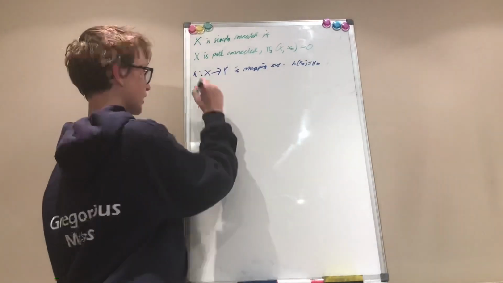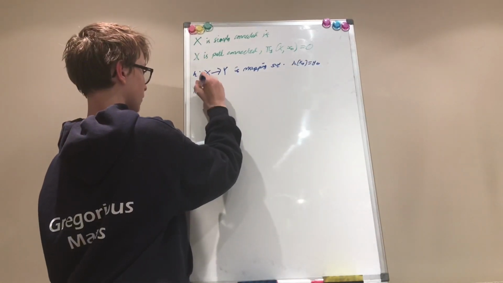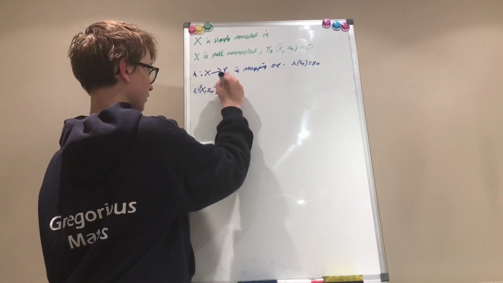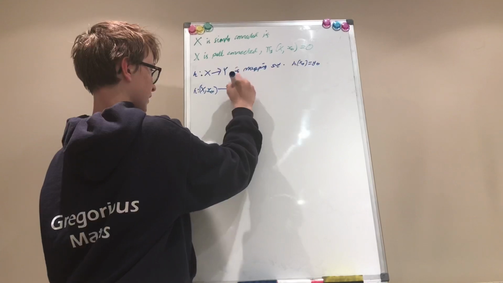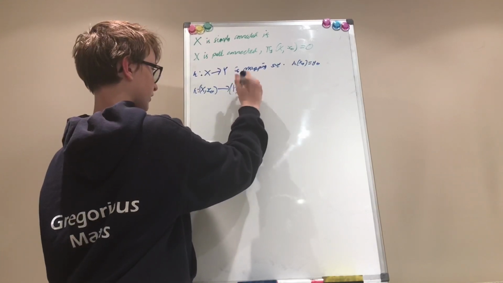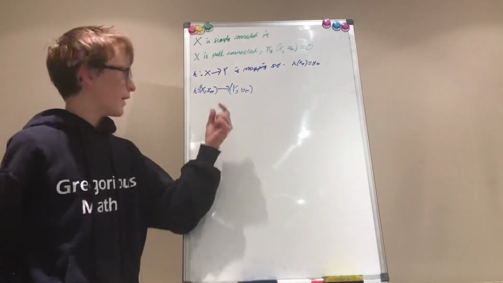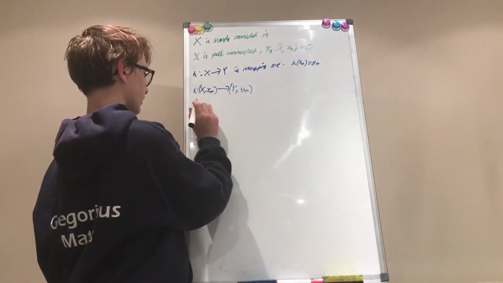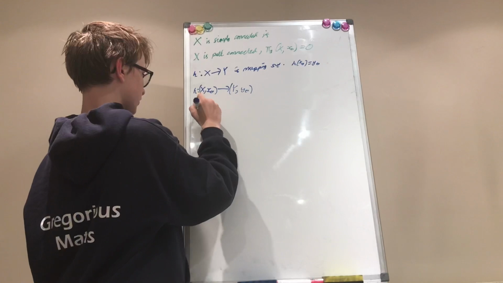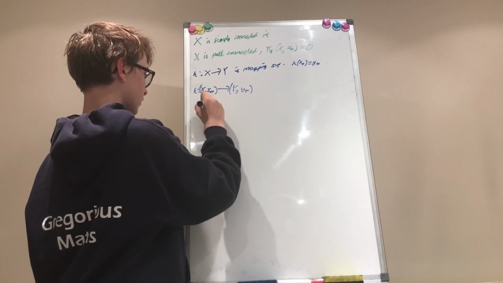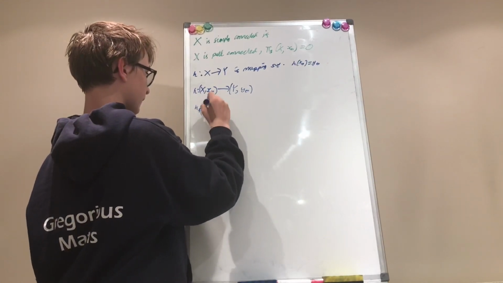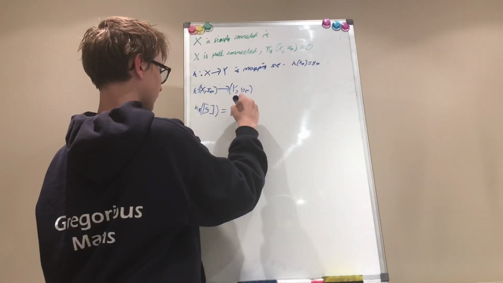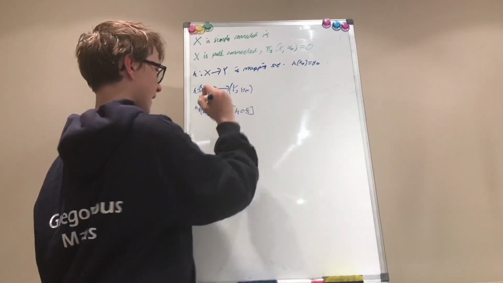Now, we can write this as H taking us from X at some point x0 to Y at some point y0. Now this continuous function H induces a homomorphism: H star of the equivalence class of f is equal to the equivalence class of H compose f.